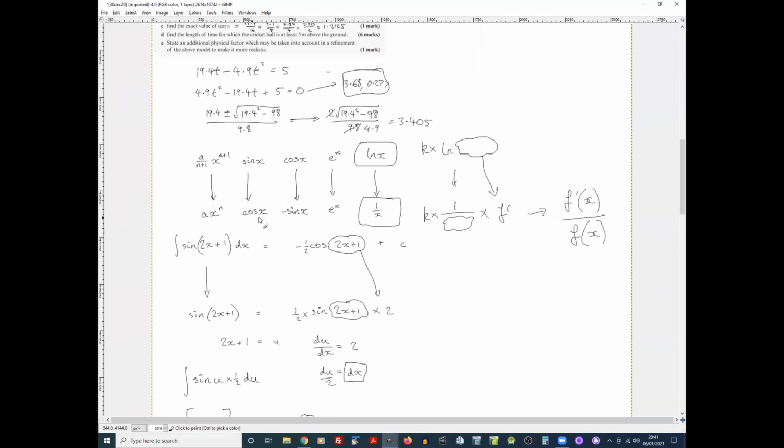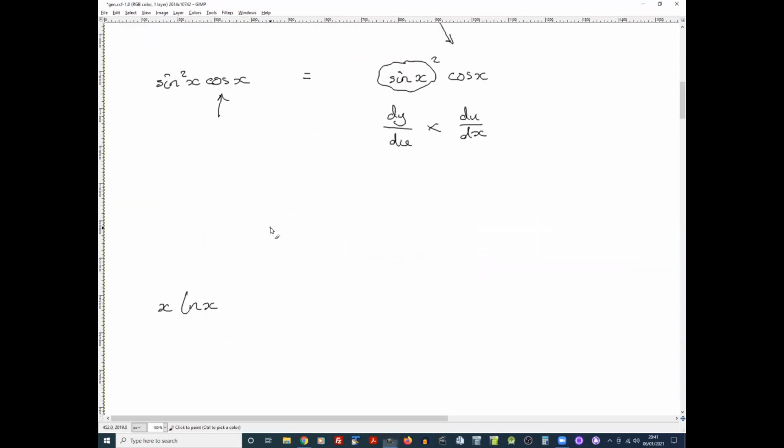Well, it's nowhere, is it? We've got a log x up here, but there's nothing in this table telling us how to integrate log x. That's a good point. So how are we going to integrate x times log x?